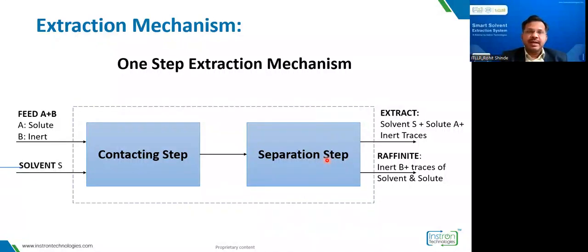But sometimes the extract phase and raffinate phase are insoluble in each other. At that time, we allow both phases to settle so that two layers form, one heavier and one lighter. The heavier phase we can remove from the bottom, and the lighter layer from the top. This is because of the density difference between the extract phase and the raffinate phase.